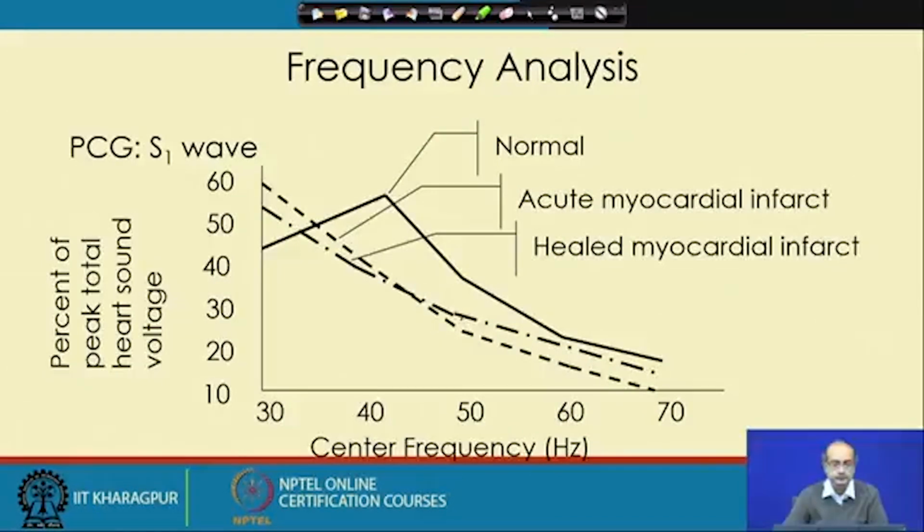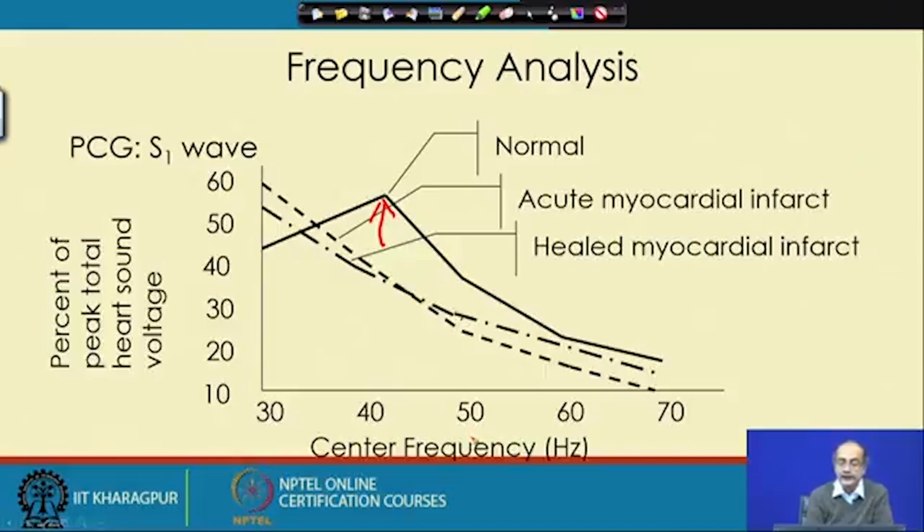So, here the first thing we note is that if we look at the S1 wave of the PCG signal, for the normal one we will get a peak at around 40 hertz. Most of the energy would be concentrated near the 40 hertz band.